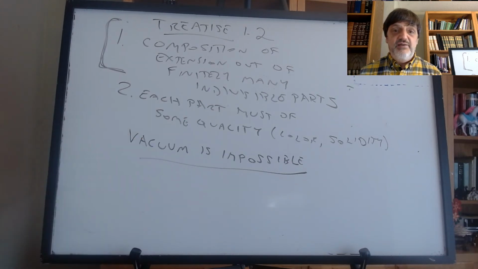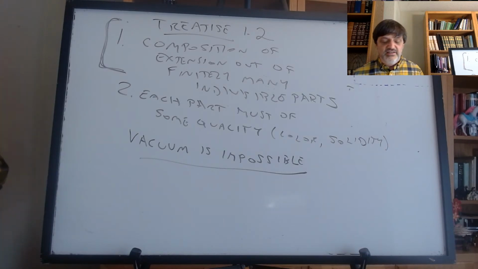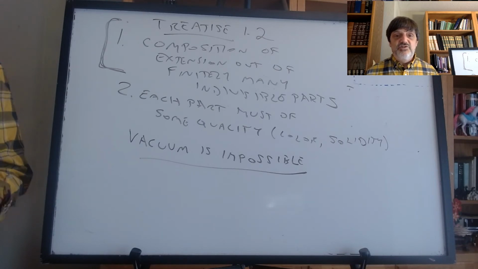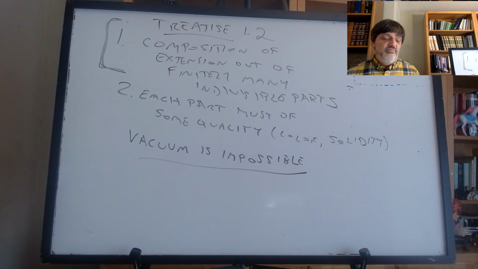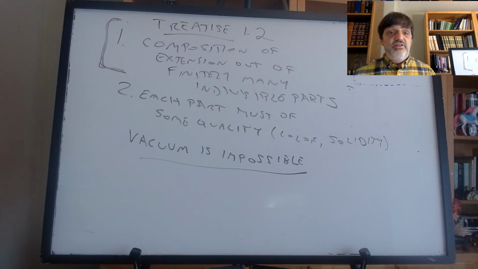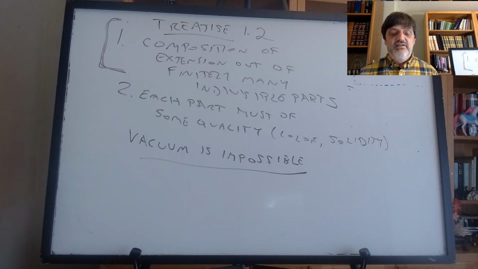Vacuum just means it's empty, plenum means it's full. So Descartes and Leibniz agree that space is a plenum. Newton, on the other hand, in order to derive the motions of the planets, has to assume that they're moving through a vacuum. And it sounds like Hume is coming down on the no vacuum side. So he sounds like he's agreeing with Descartes and Leibniz that space is a plenum.